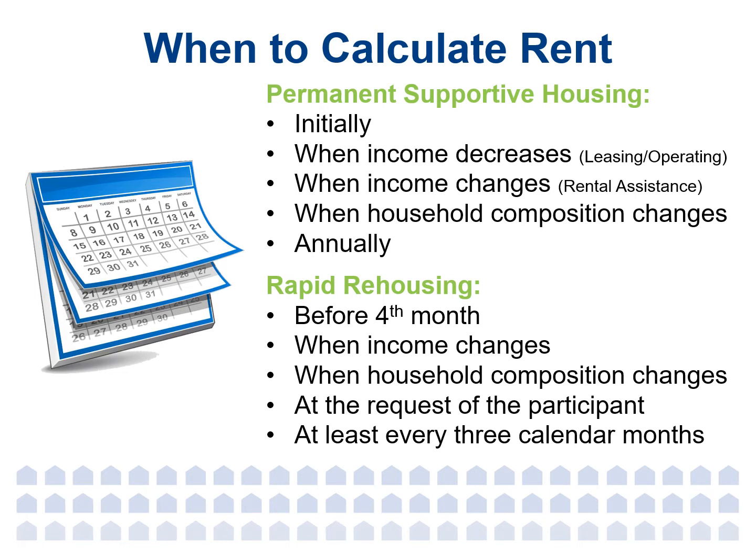A new worksheet is also required anytime income changes, when the household composition changes, anytime the participant requests their rental portion to be recalculated, and at least once every 3 calendar months. As with income evaluation, if your agency opts to calculate rent more frequently than every 3 months, this must be done consistently among all participants and must be documented in your written policies and procedures.